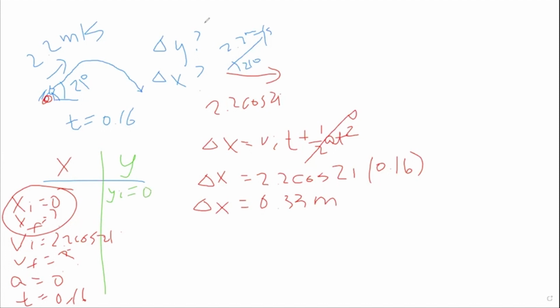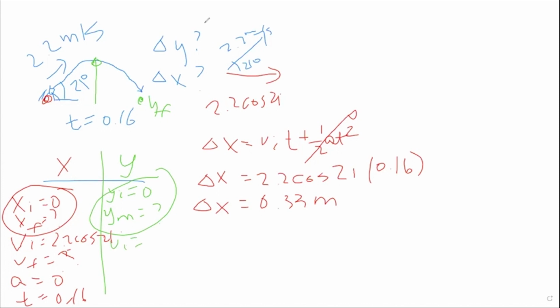Because that's where my reference point is. Y final, I'm going to call it something different, because y final is here. That's my y final, but that's not where I want. It's related to Daniela's question. My final is right here, at the top, which is like y midpoint. They're interested not in my y final, but in my y midpoint. And this is their question.